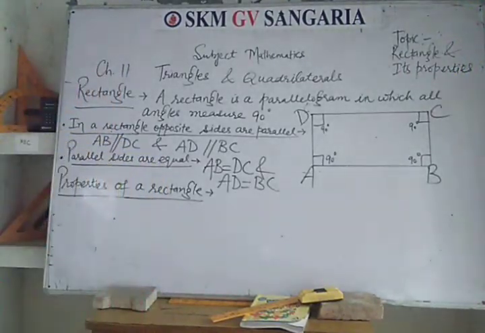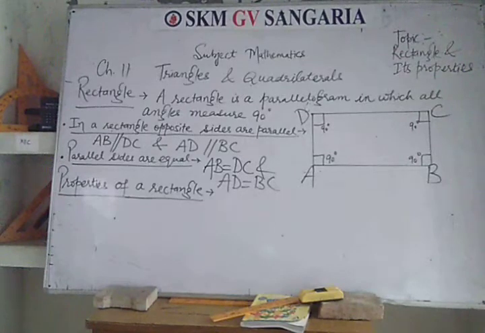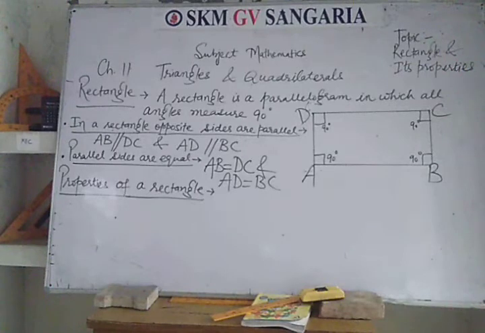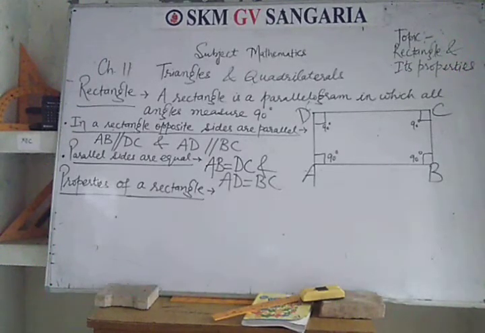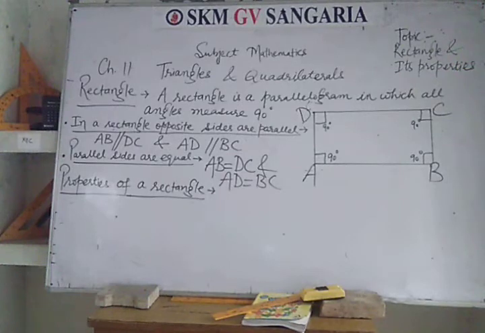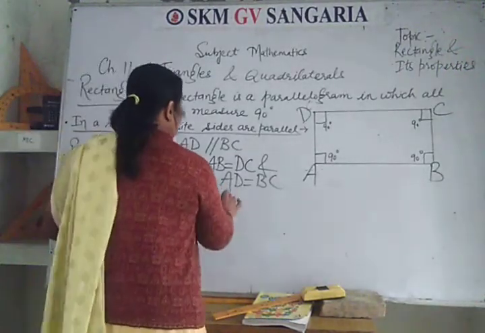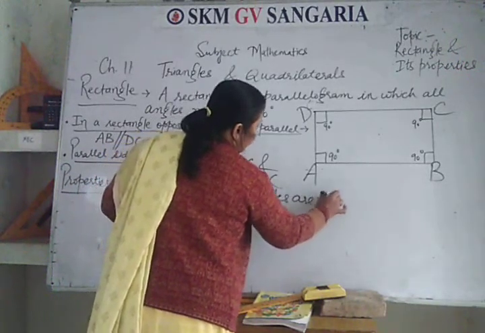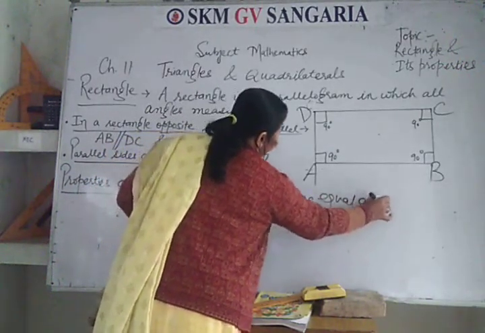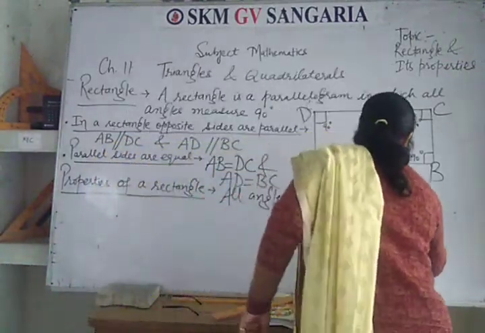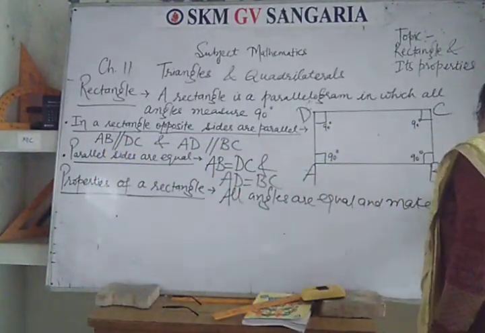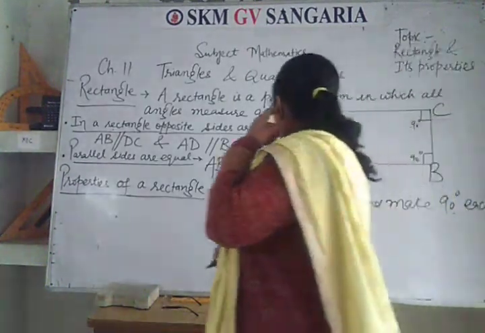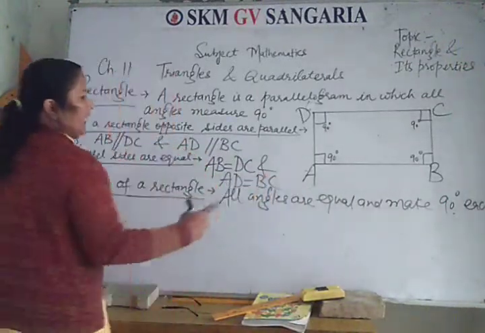First property of a rectangle ABCD: all angles are equal and make a right angle, 90 degrees each.